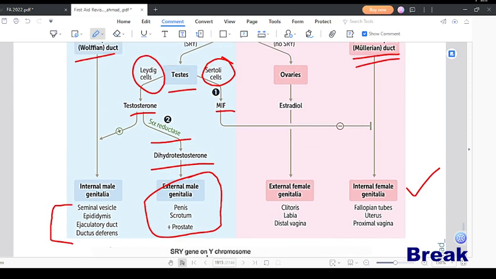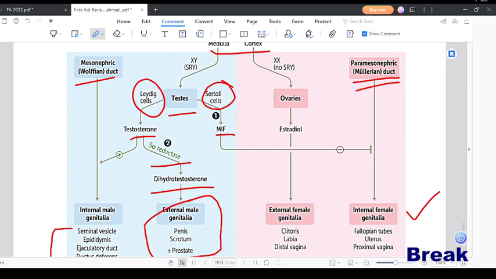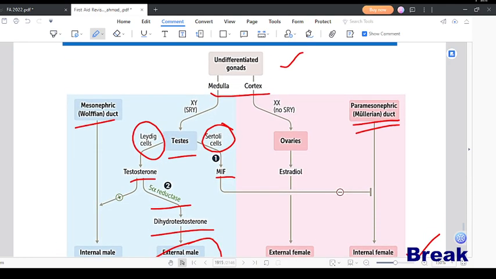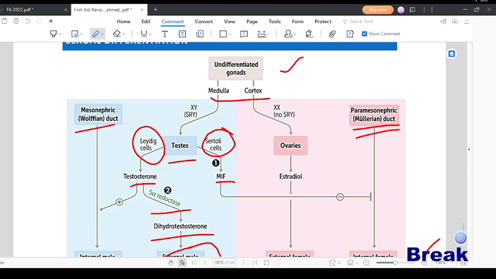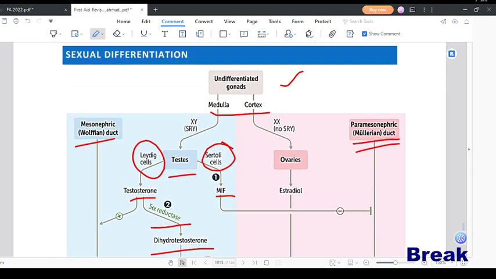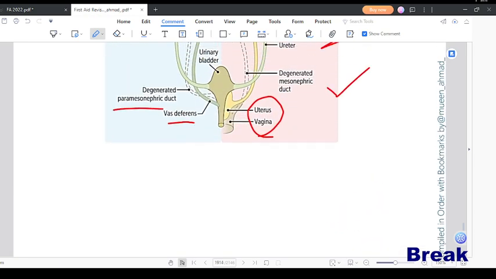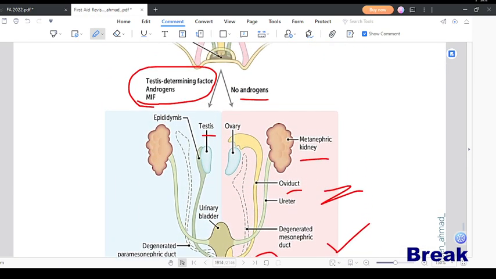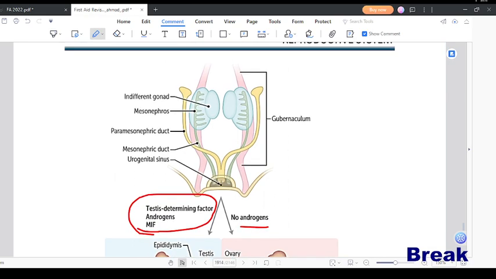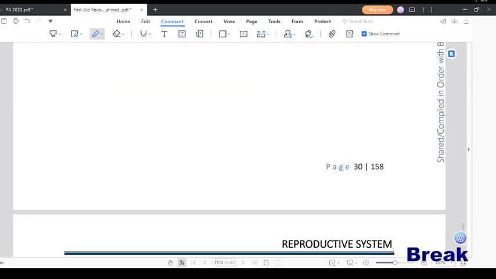So these are coming from the Wolffian duct. Pardon me. Here you can see cortex and medulla. I don't know what they mean when they talk about cortex or medulla. Maybe there is something in the text.